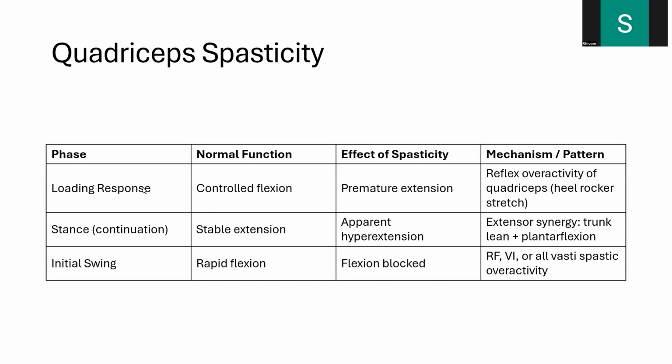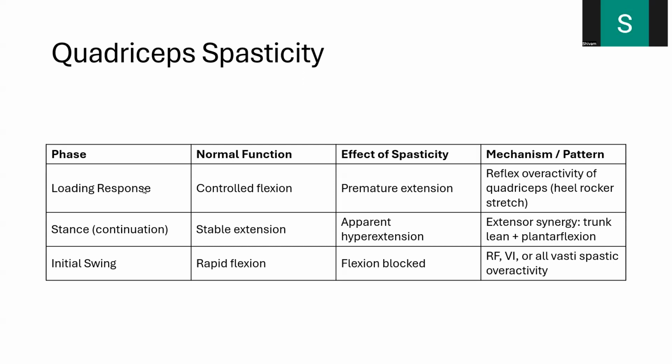And the last one is when all vasti are active for a major proportion of swing. If vasti also remain active until toe off, this represents an uncorrectable pattern, because all these vasti are active and we cannot sacrifice all the quadriceps.